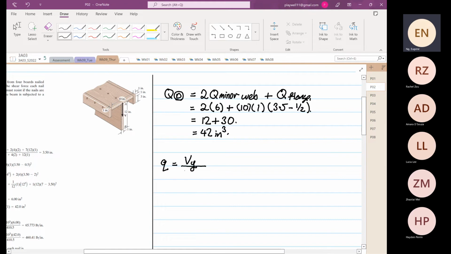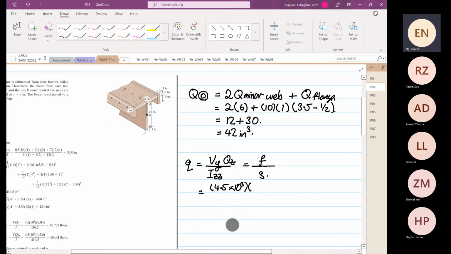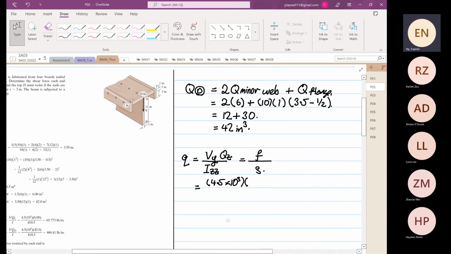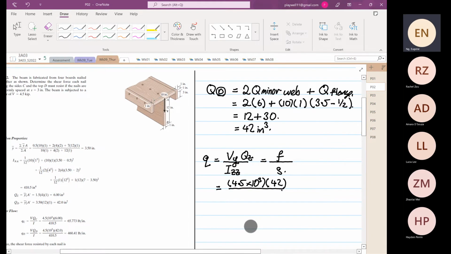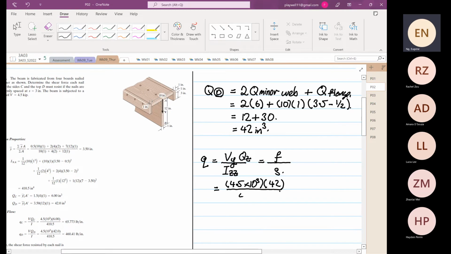Okay. So from here, we know that the shear flow, V or Q, small q, is equal to Vy over Izz times Qz, and this is the force divided by spacing S. Okay. So if my memory doesn't fail me, Vy is 4.5 times 10 to the power 3. Qz is equal to 42. Izz is equal to 410.5.